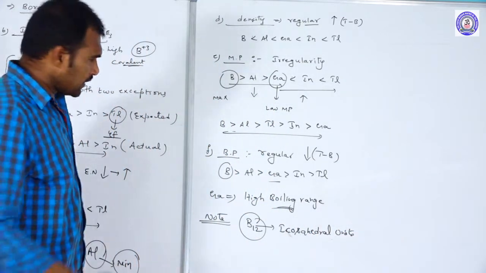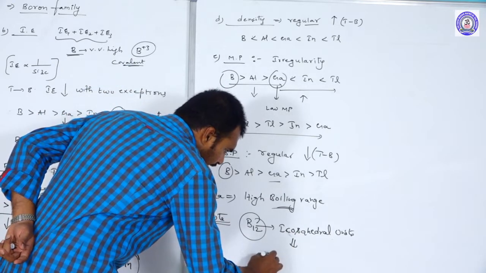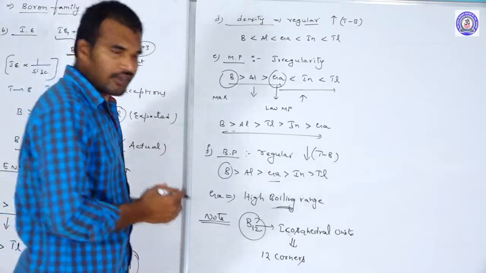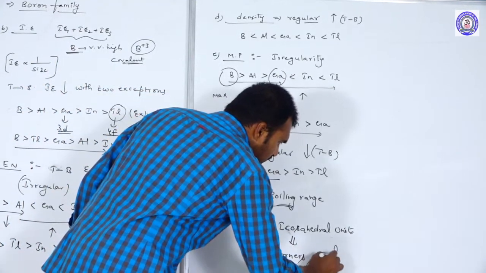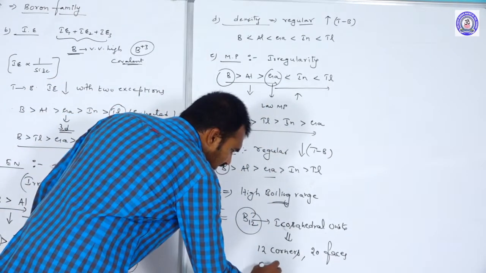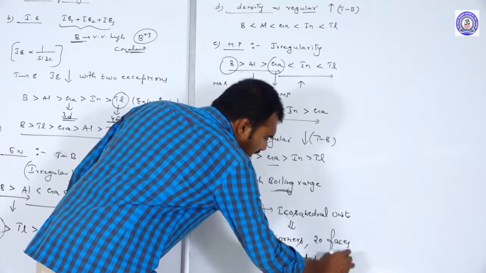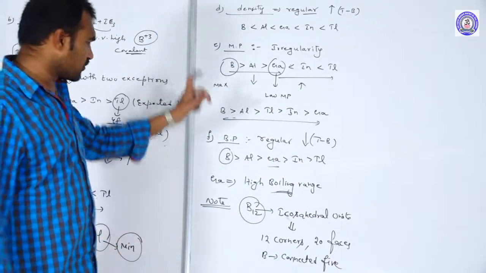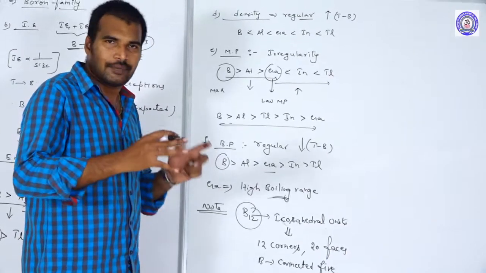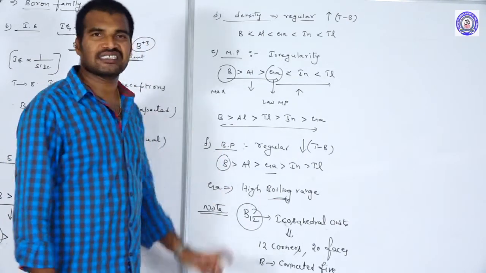An icosahedral unit has 12 corners and 20 faces, and each boron is connected to 5 other boron atoms. Because of this highly packed icosahedral structure, boron is very hard. That is why it has the highest melting point.